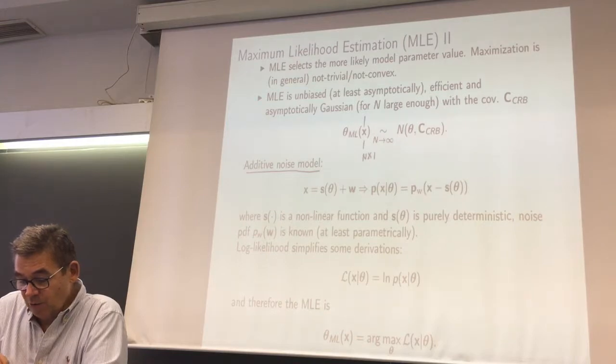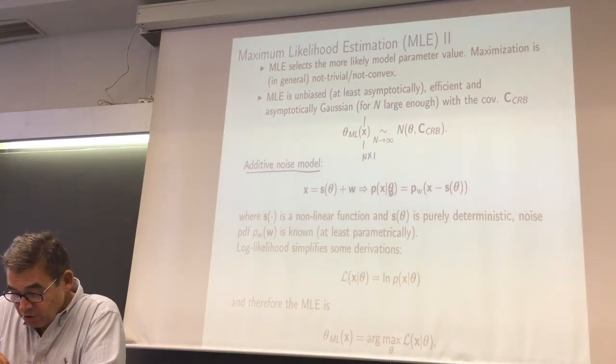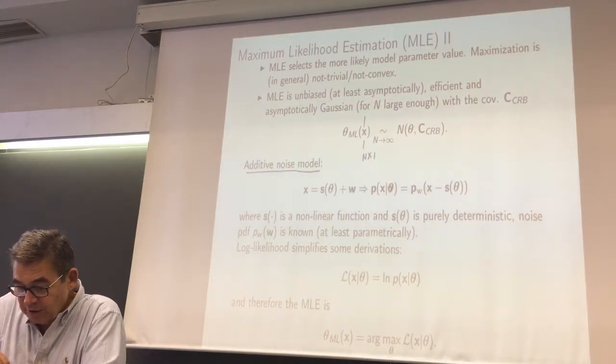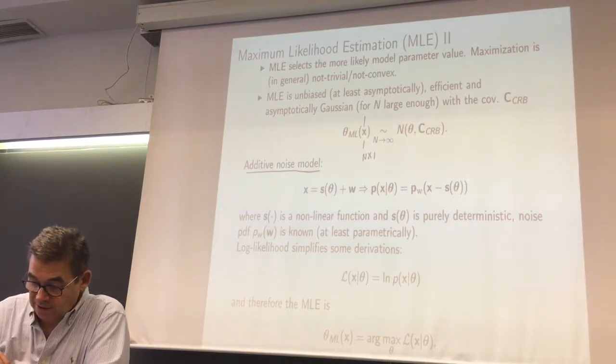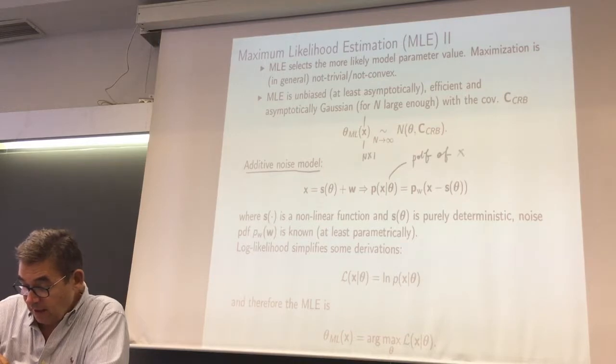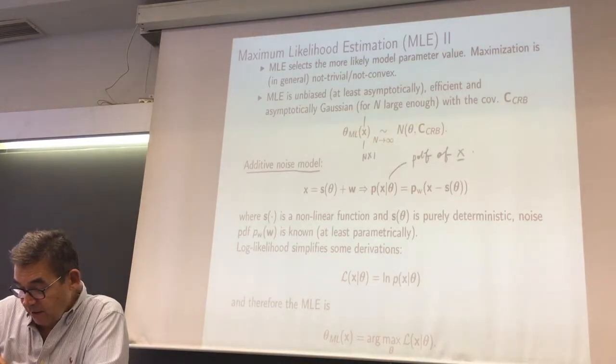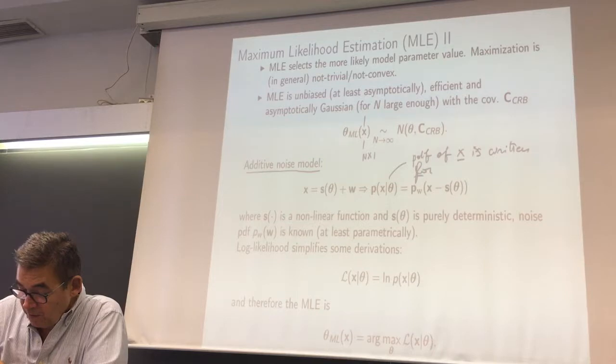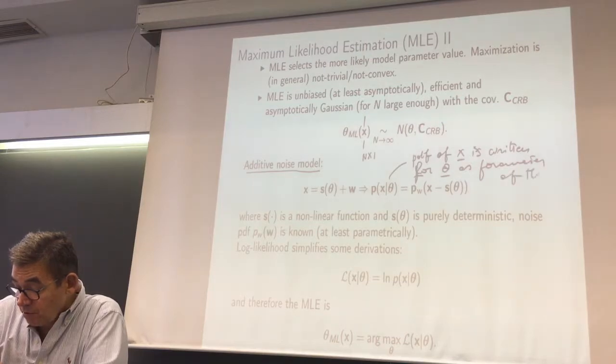So, if I want to write the probability density function of X, where this conditioning is not really a condition, it's just indicating that theta is a parameter of the distribution, the PDF of X is written for theta as a parameter of the distribution.